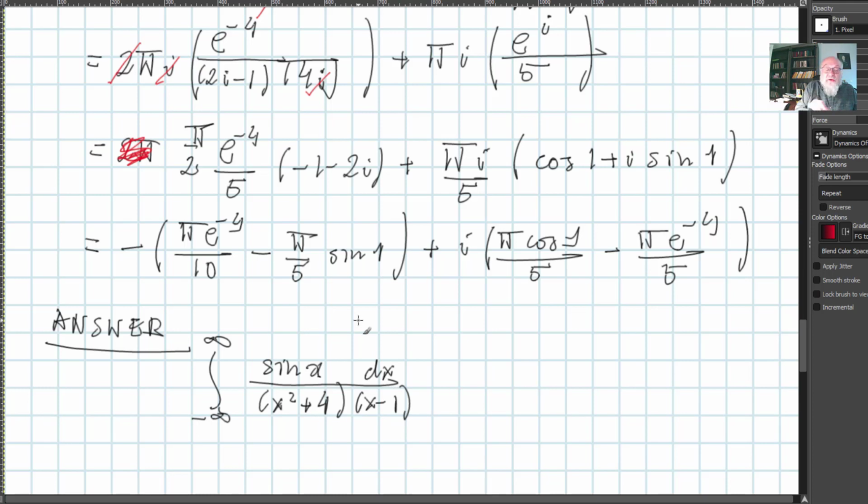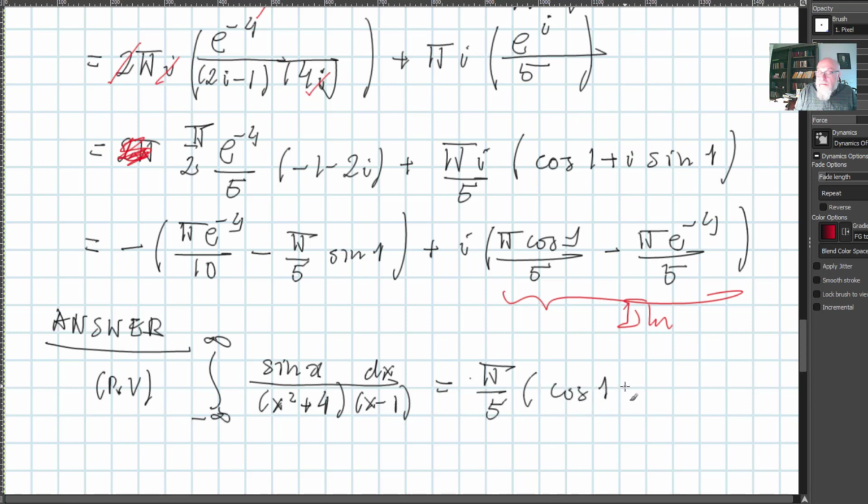This imaginary part, it's sine, so it's the imaginary part. So put here like this, principal value. We understand that it is understood in this sense, that this is pi over 5 times cosine of 1 minus e to the minus 4. And that's the answer.